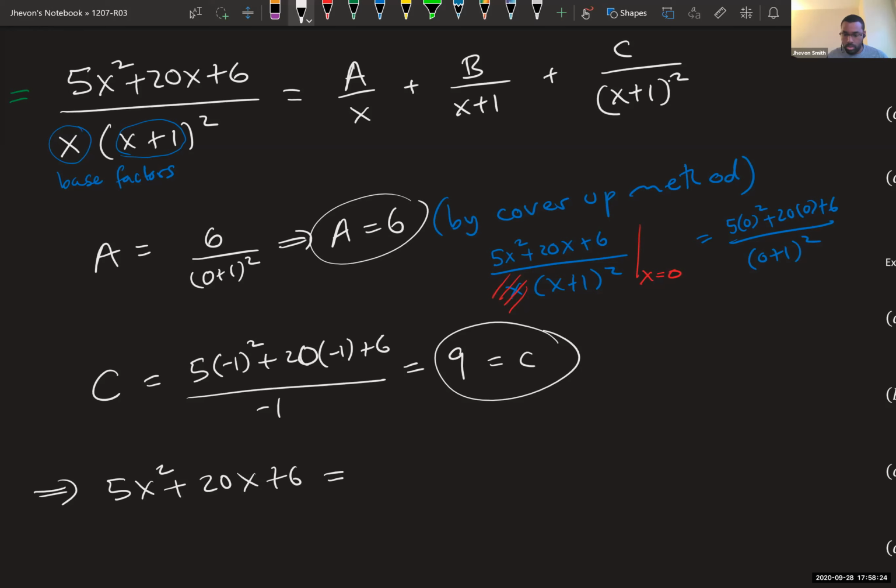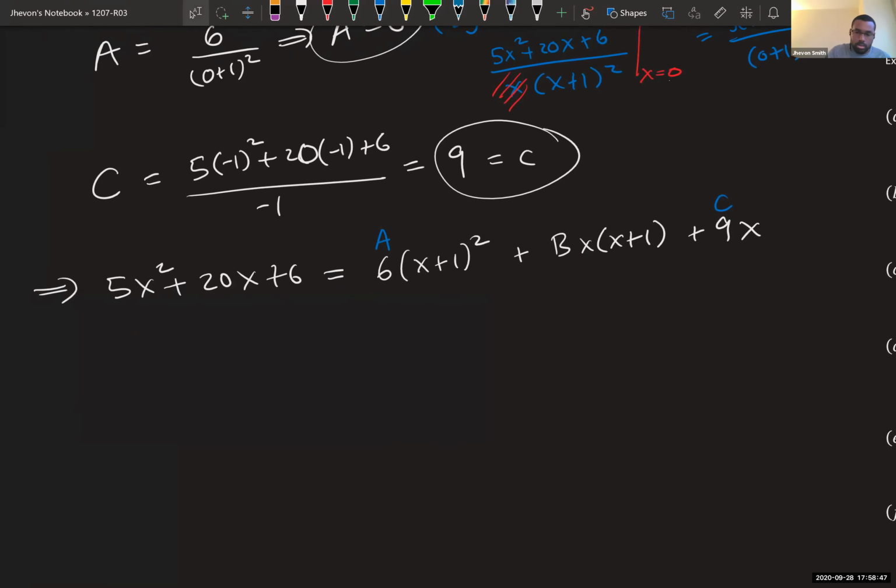So I have 6 times x plus 1 squared plus B times x plus 1, and then plus C times x. So these are the A and C values found previously. You just plug them in.